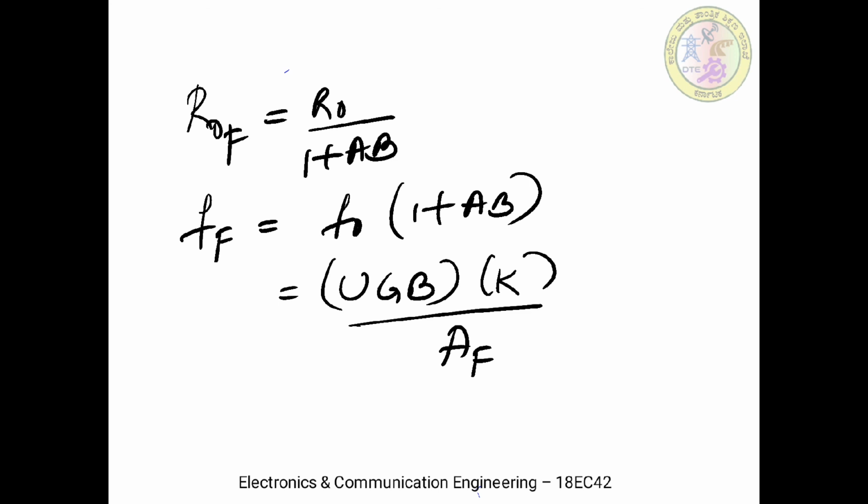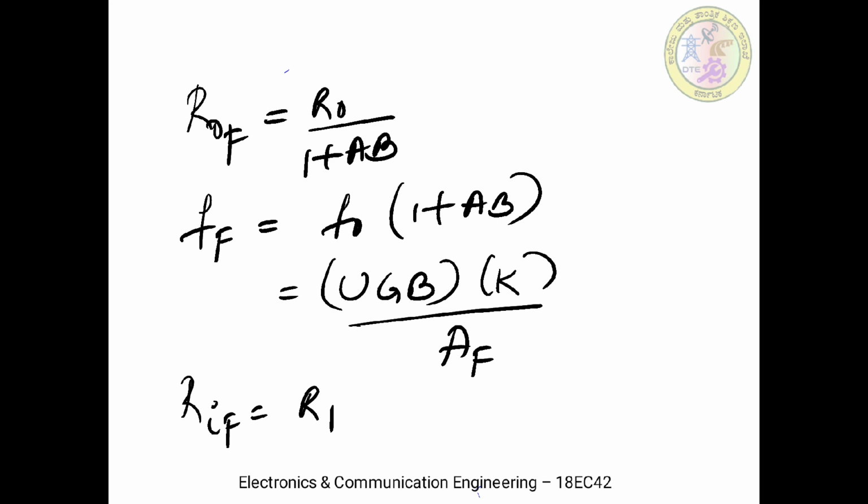Also in case of this inverting amplifier, we have derived the input resistance. The input resistance in presence of feedback, RIF, will be simply equal to R1.